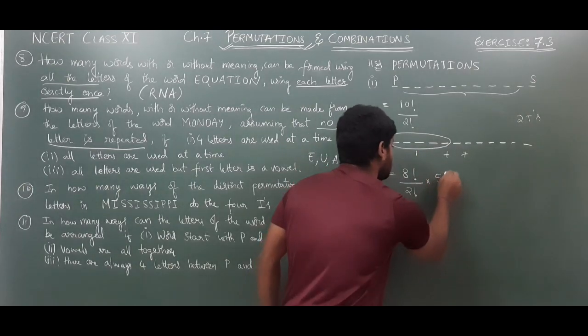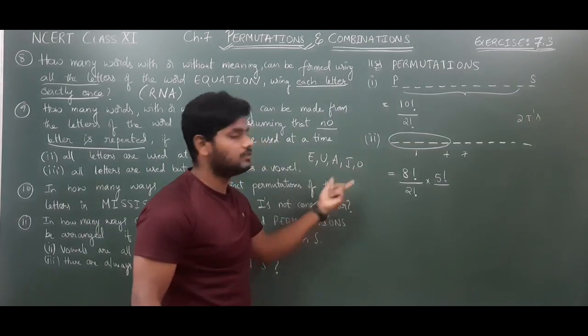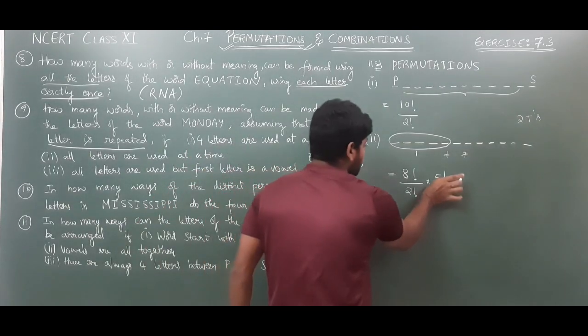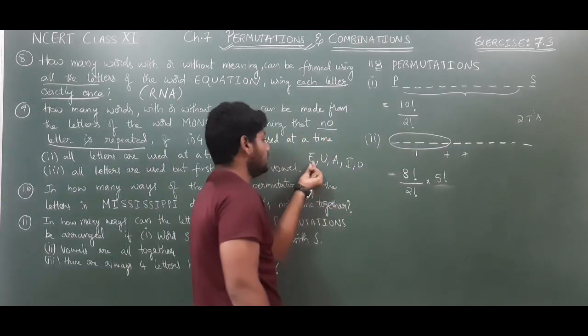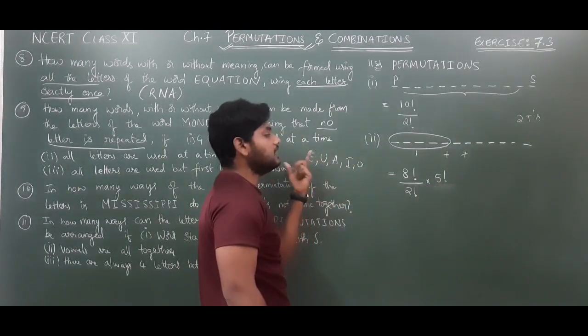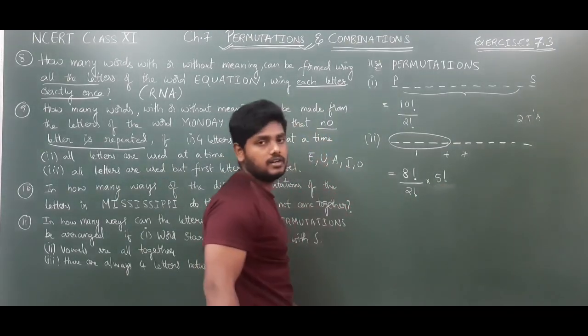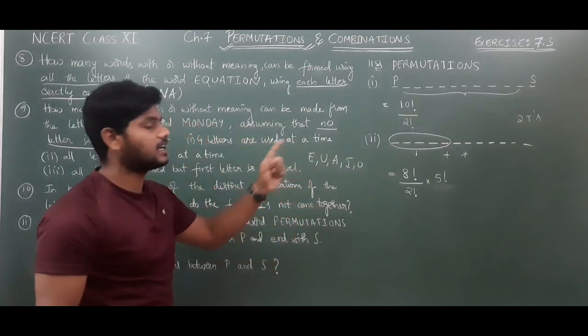So into 5 factorial divided by. Are there any repeated letters here? No. So therefore 8 factorial into 5 factorial. If in this, for example, E is repeated 2 times, it means divided by 2 factorial. If I is repeated 3 times, it means divided by 3 factorial. If not, it means only 5 factorial. This is about vowels occurring together.